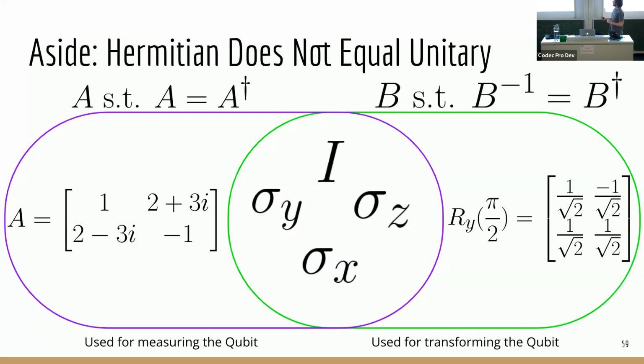A unitary matrix has its inverse equal to its complex conjugate, and it's used for transforming a qubit, aka representing a quantum gate. And in the middle, we have all of our Pauli matrices. They can be used both to represent a transformation and to be an observable. And just for another example, I also included I as a matrix that falls into both of these classes.